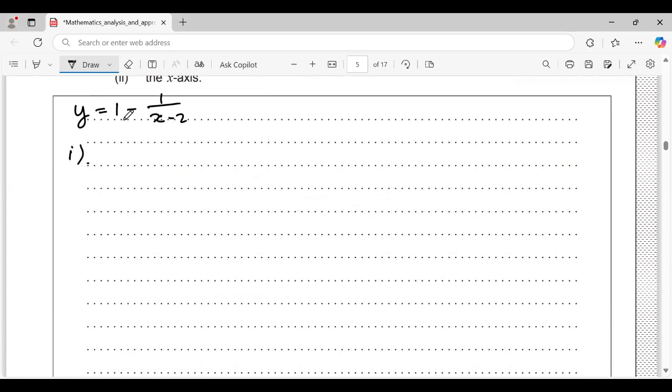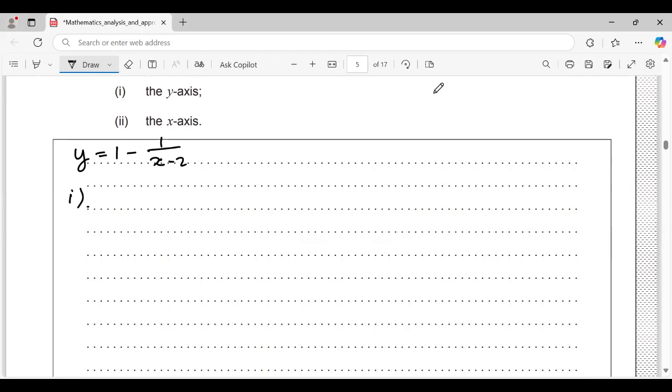Now the first, regarding the vertical asymptote. To find the vertical asymptote, we look for values of x in the denominator, the part x minus 2 of this fraction, of course. So we need to set this to 0. Why?